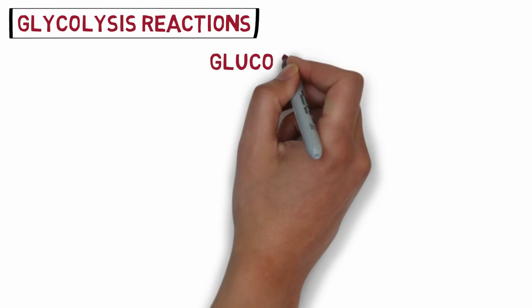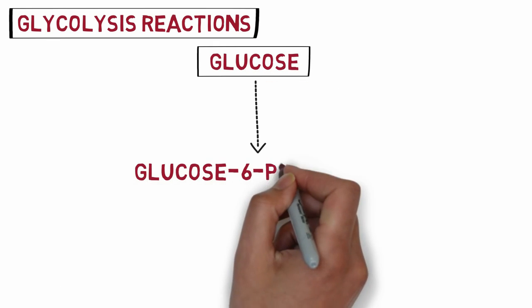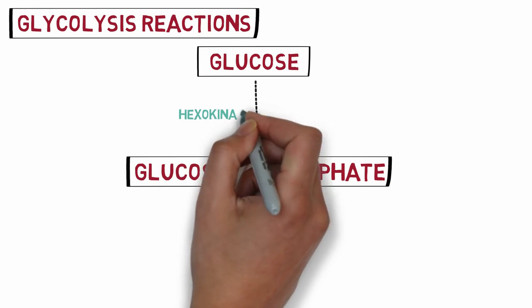Now let's look at the various reactions involved in glycolysis. So it all begins with a molecule of glucose that enters the cytosol, and the first reaction that takes place is conversion of glucose to glucose 6-phosphate. The enzyme that catalyzes this reaction is called hexokinase.